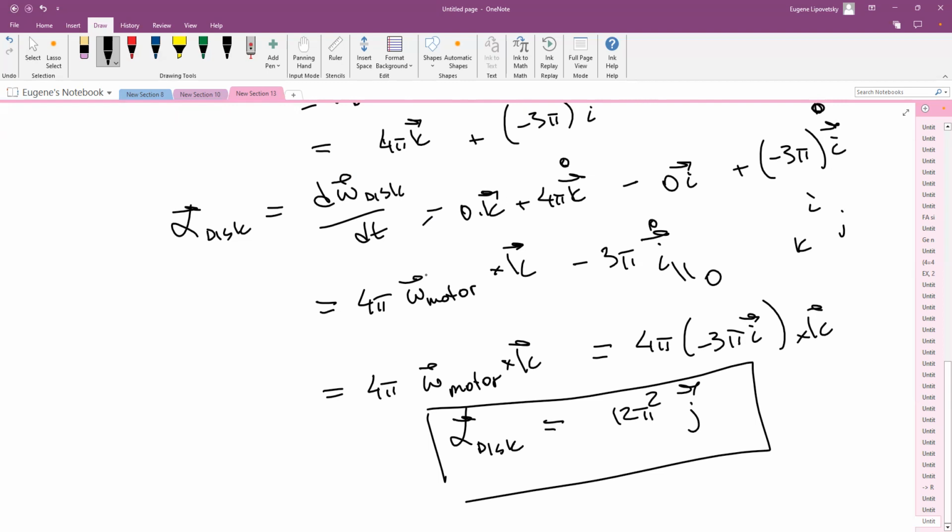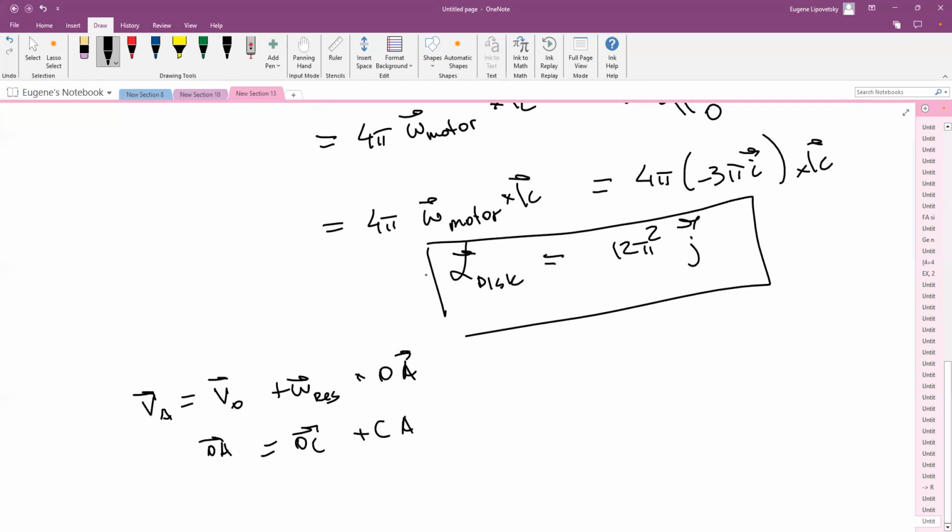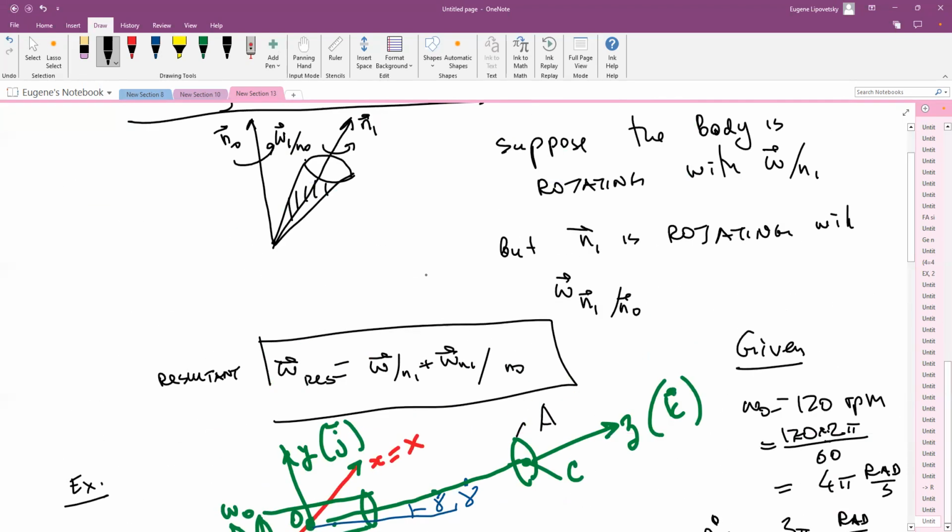Now the linear parameters. VA equals V naught, the velocity of the point O, plus omega resultant cross product with OA. Now OA equals OC plus CA. Now I didn't provide all the information.